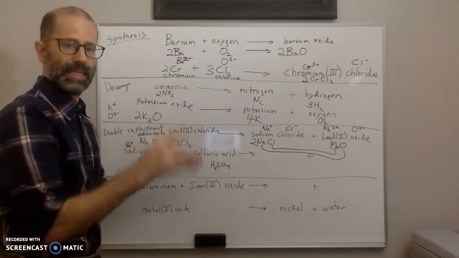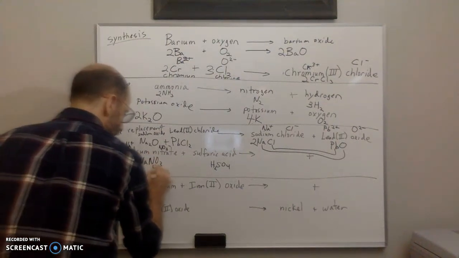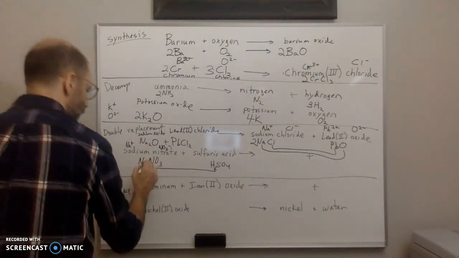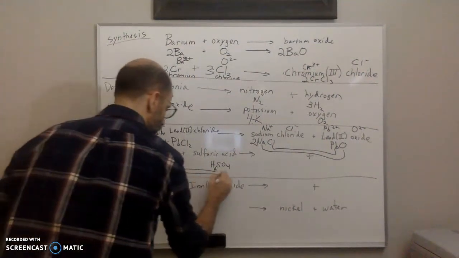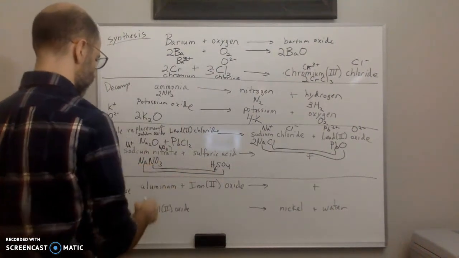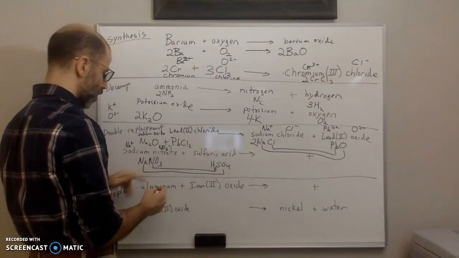Now I'm going to do the inside-outside again. So I have the inside for nitrate and hydrogen, and the outside is going to be sodium and sulfate. So I'm going to put the hydrogen and nitrate together. Hydrogen will have a +1 charge.